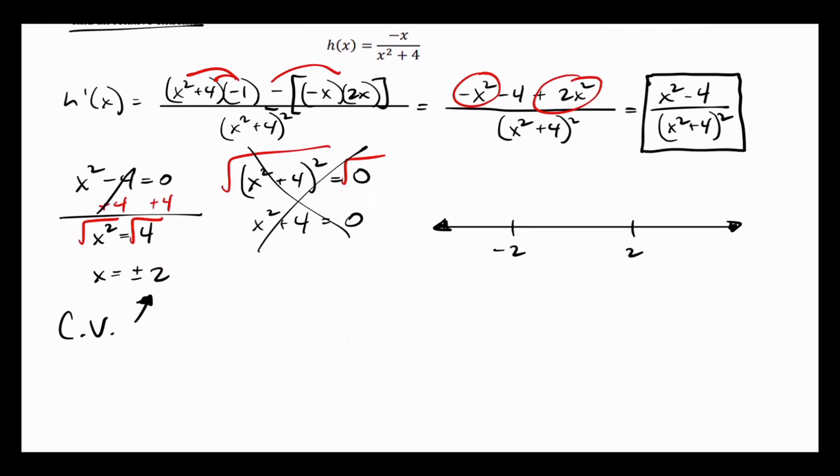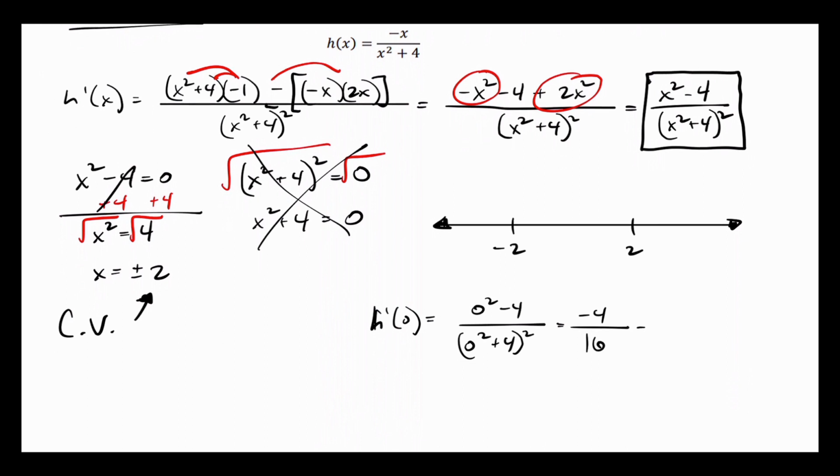Well, when I plug in 0, I'm going to get negative 4 on top, and I'm going to get 16 on the bottom. That's a negative number. Negative 1/4. Okay, plug in a number bigger than 2. 3 squared minus 4 over 3 squared plus 4 squared.